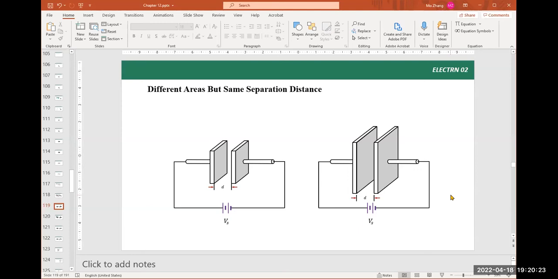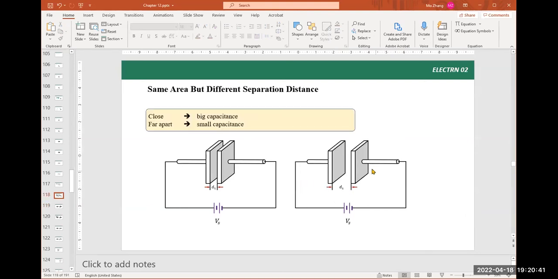A larger area. Yeah, that's right. Exactly. Very good. Excellent. So the one with larger plates can store more electrons, so this one has bigger capacitance. From the previous experiment, we know distance is inversely proportional to capacitance. Further apart, weaker capacitance.